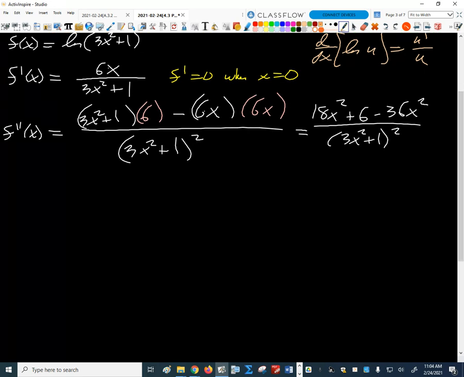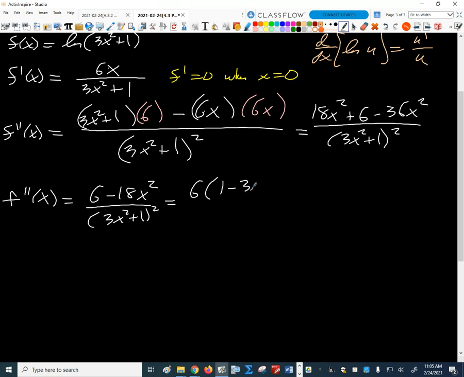And then that's going to give us 6 minus 18x squared. I could factor out a 6 on the top, and I'm left with 1 minus 3x squared. There's our final answer for the second derivative.